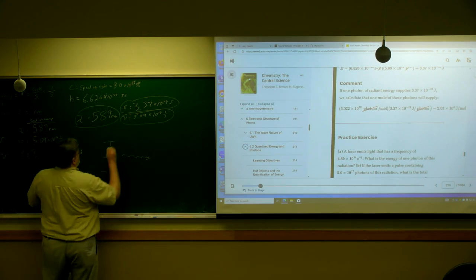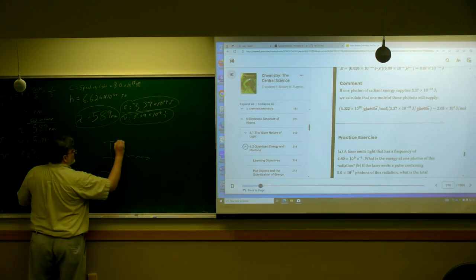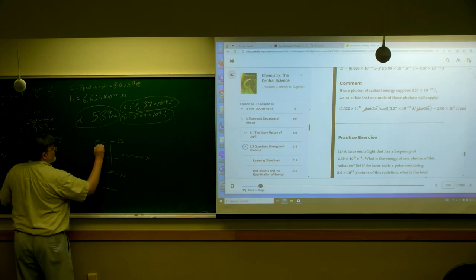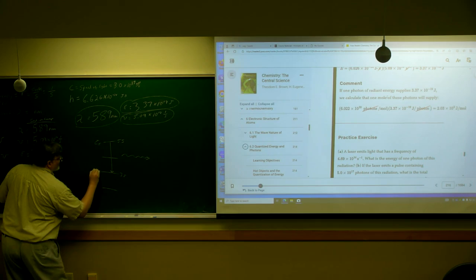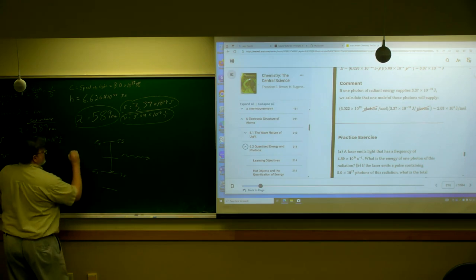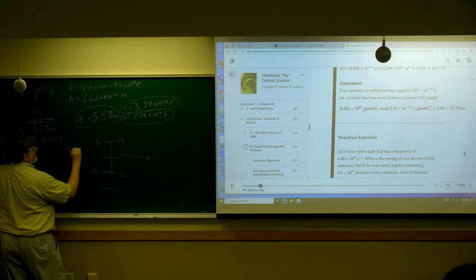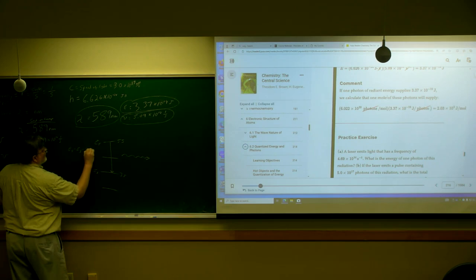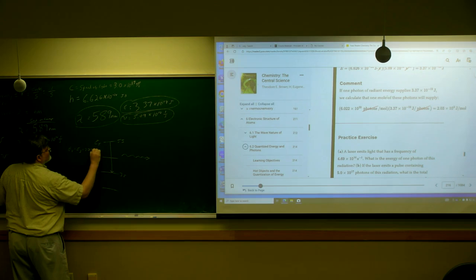That energy, let's say this was 5s and 3s, and this would say energy of an electron at level 5, that n equals 5. This is saying 3.37 times 10 to the negative 19 joules.